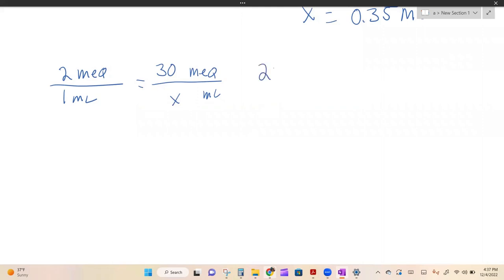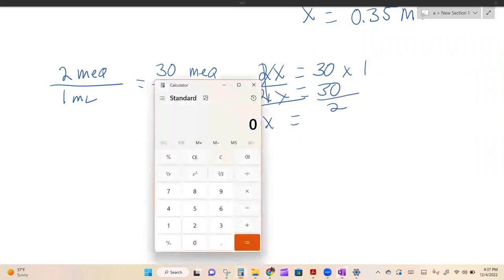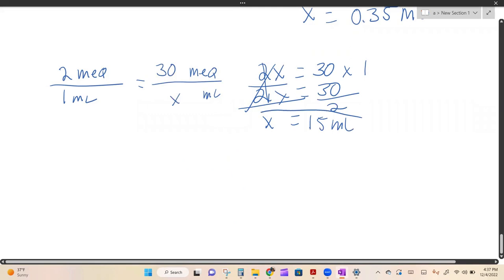And this would be 2x is equal to 30 times 1. 30 times 1 is 30, so 2x is equal to 30. We want to get x alone, so if we divide this by 2, we get x, and then we have to do that on this side. And 30 divided by 2 is 15. So we would need to add 15 ml to the IV bag for this one.